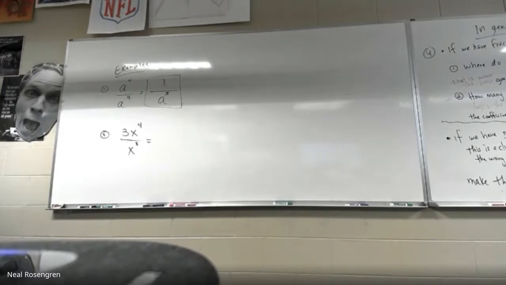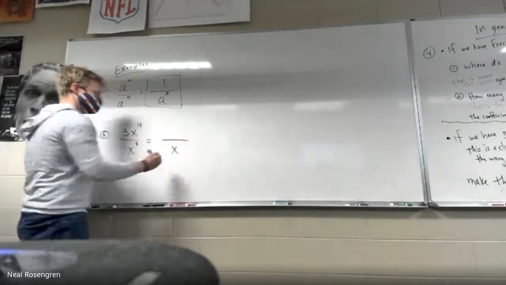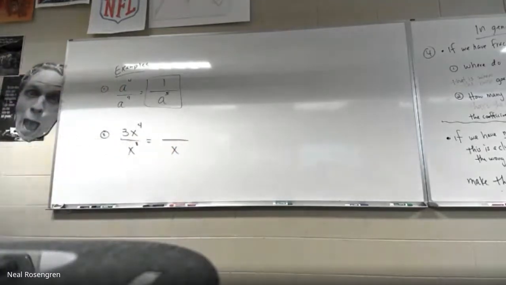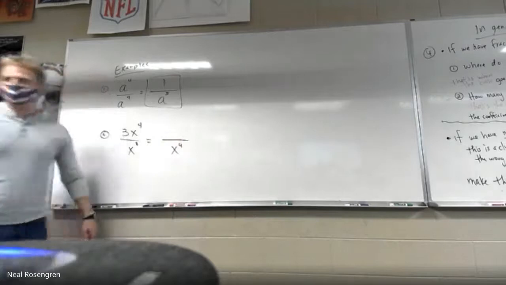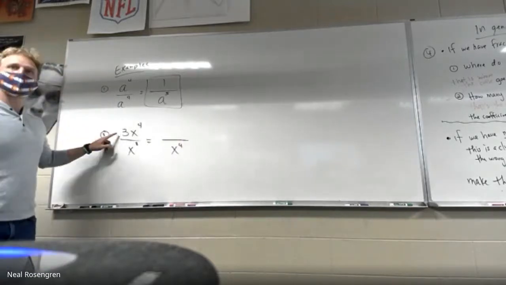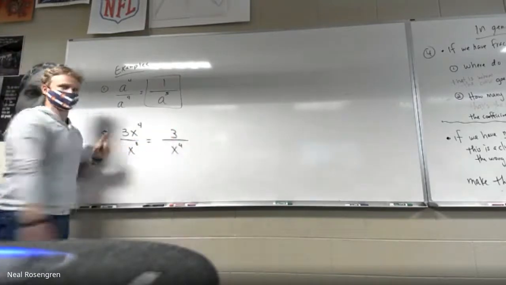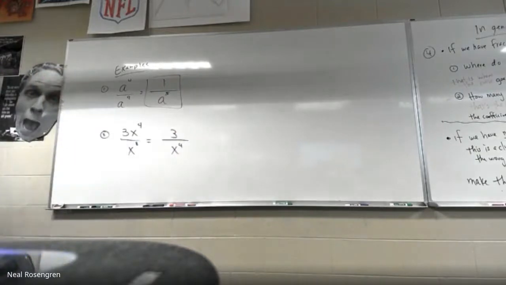Where do you have more? Okay, so that's where it's going to end up. How many more? What goes up top? The coefficient that's left behind, right, because that 3 didn't really play a role in me messing with the exponents. These are properties of exponents. The 3 is not an exponent, it's just a number. It's just a coefficient. Done.